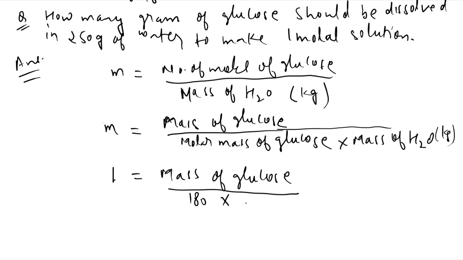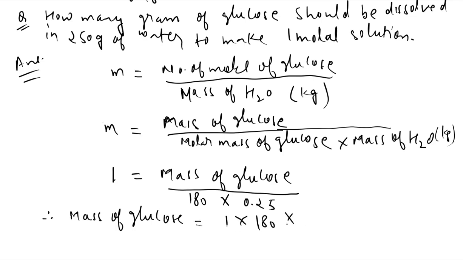So this will be 0.25 kg. So therefore mass of glucose will be 1 into 180 into 0.25, which is 45 gram. So this much glucose I need to add to 250 gram of water to make a 1 molar solution.